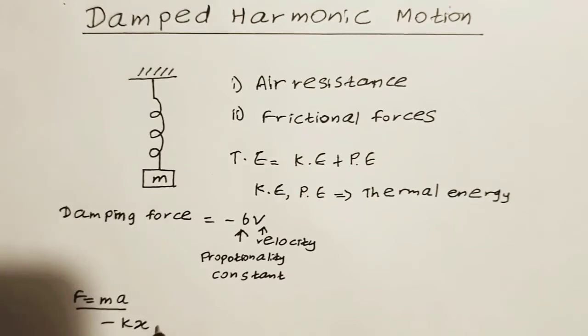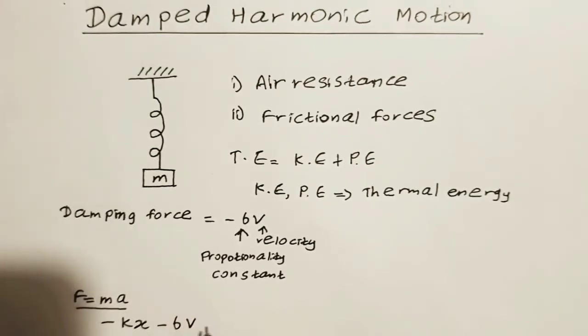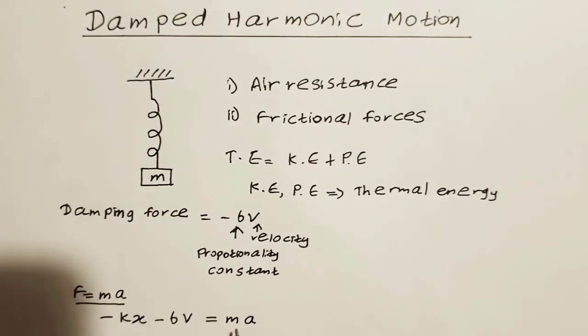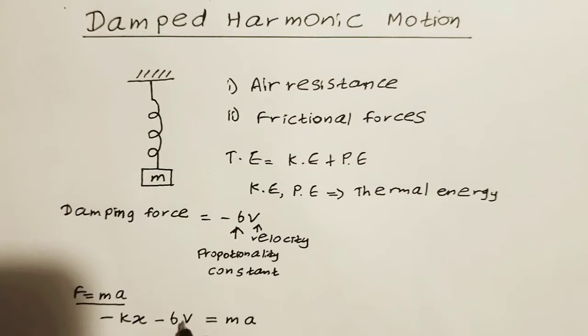Minus kx minus bv is equal to ma, where a is the acceleration. Now when we take these terms to one side, we can simplify this equation down to ma plus bv plus kx is equal to 0.